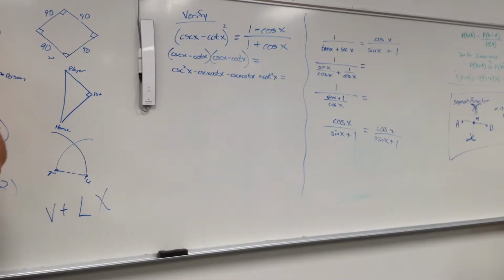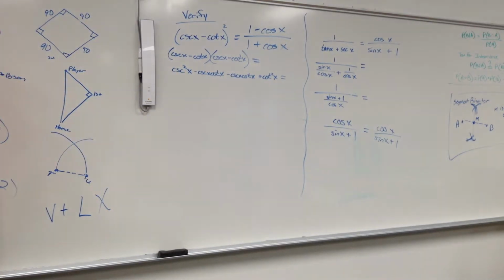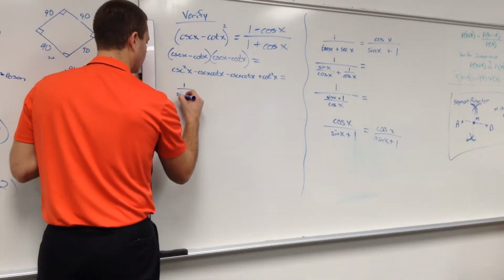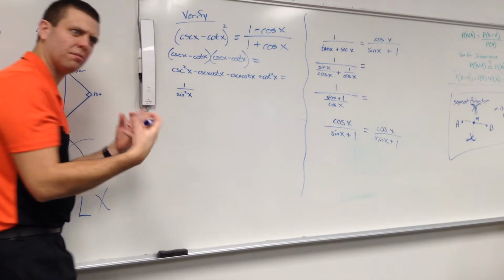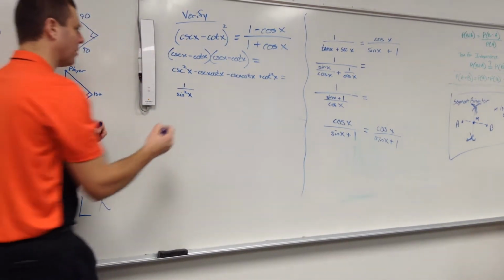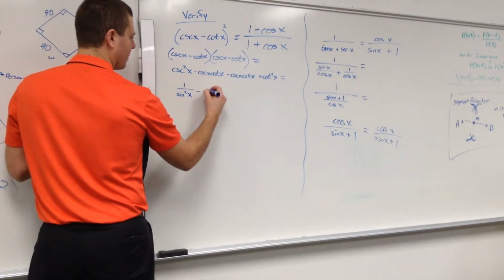I'm going to put everything in terms of sines and cosines now, and let's just see what happens. Cosecant squared is really what? 1 over sine squared. Are you guys hearing my thought process here a little bit? Because I don't know for sure quite where I'm going with that. I think I might see it now. Cosecant is 1 over sine.